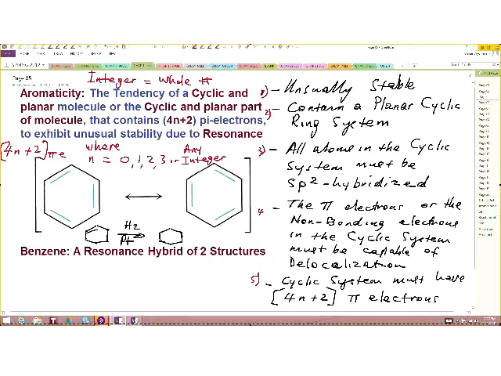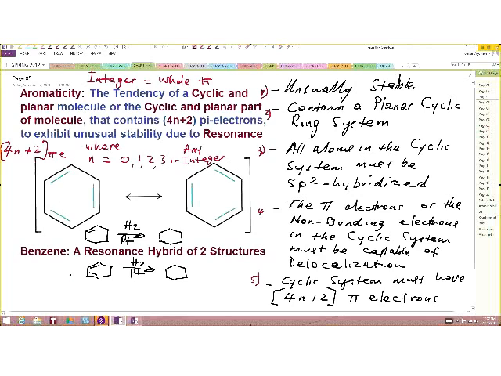We add hydrogen across the carbon-carbon double bond. If I do the same thing with the conjugated system, hydrogen, platinum, I'm able to do this at ordinary conditions, almost room temperature, very low pressure.